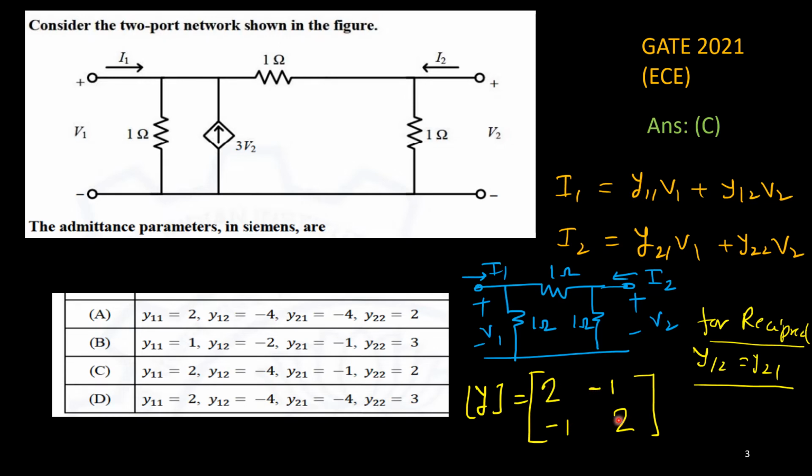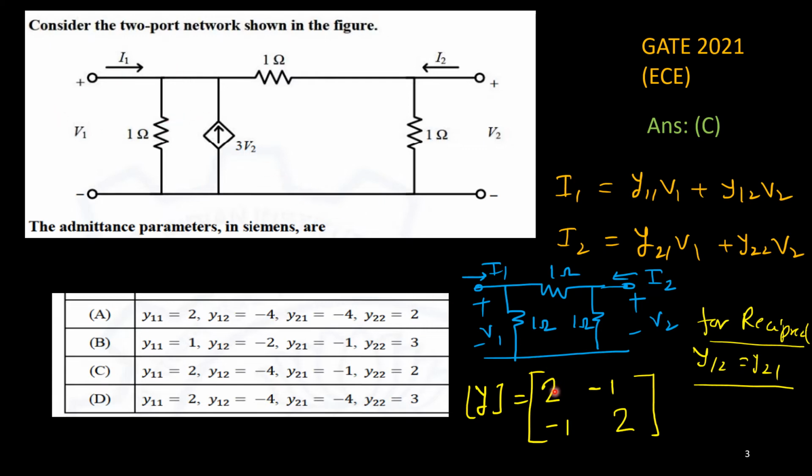Now the input admittance and output admittance we can check a little more carefully. For this network, I'll give you some hints on how quickly you can choose one out of the four choices.